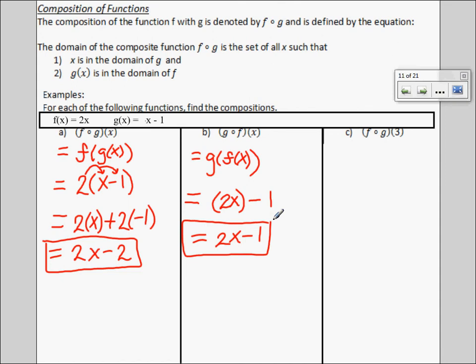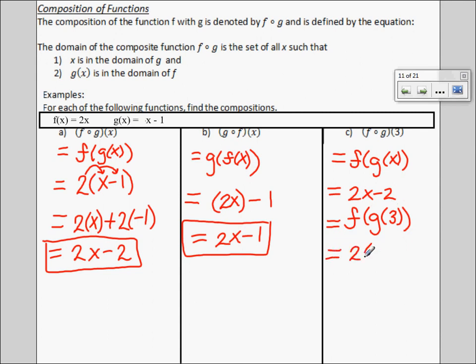Now, for part C, we've already found that f∘g, or f of g of x, yields 2x minus 2, because that's what we found in part A. So now what we have to do is replace everywhere we see an x variable with a 3.